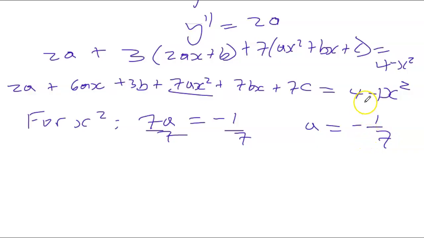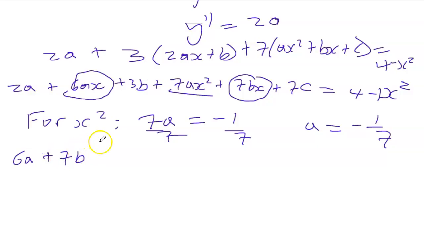Let's do the coefficient of x. On the left hand side, we have a 6a there, and we have a 7b here. Any others? No. So 6a plus 7b. On the right hand side, there's no x term, so the x coefficient there is 0. Now we already know that a is negative 1 over 7.